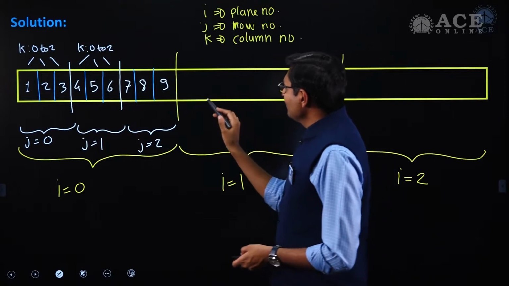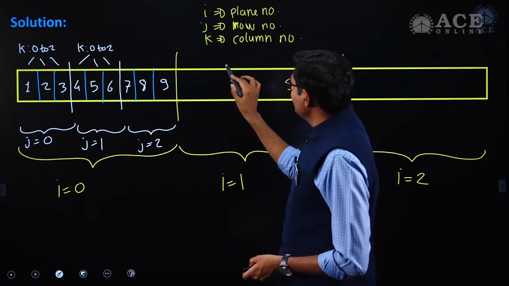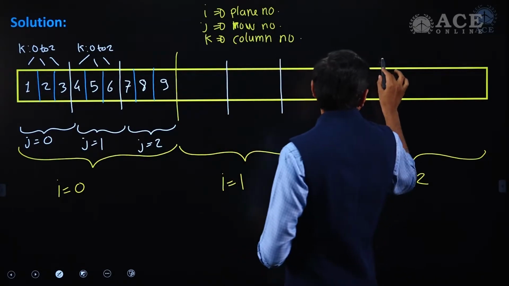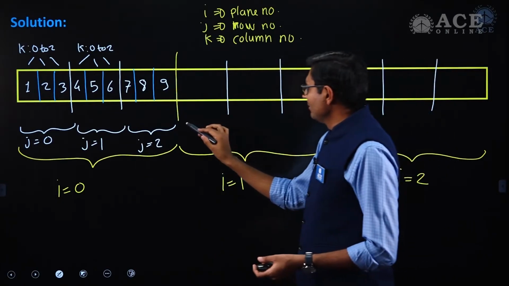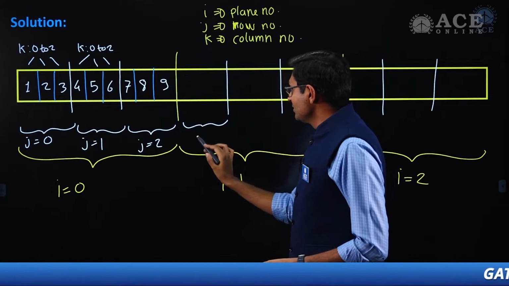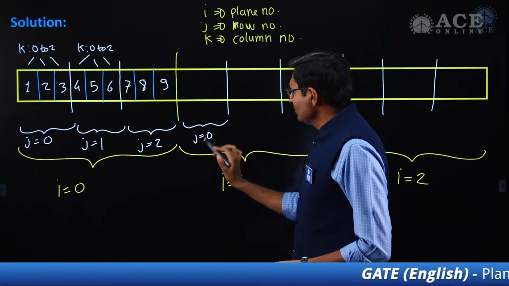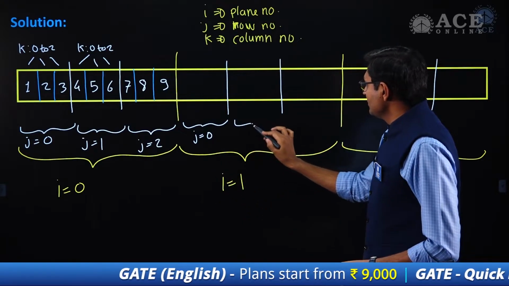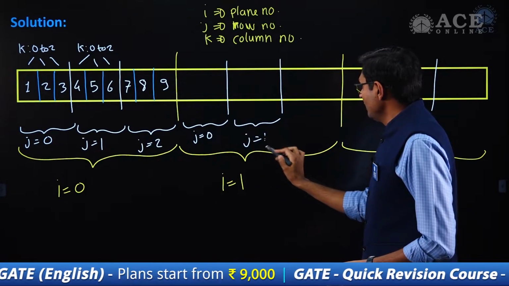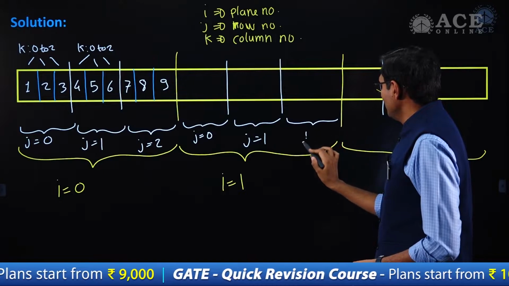So what about the second plane? It is divided into 3 parts. Alright. Let's put the numbers here. It is j is equal to again 0. You see it is a boundary here, right? Here it is j is equal to 1 and j is equal to 2.